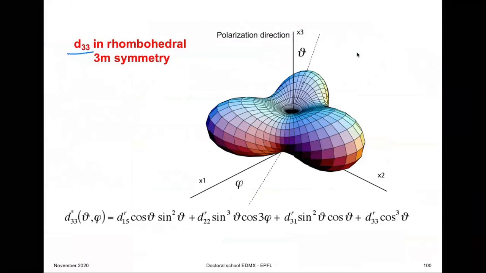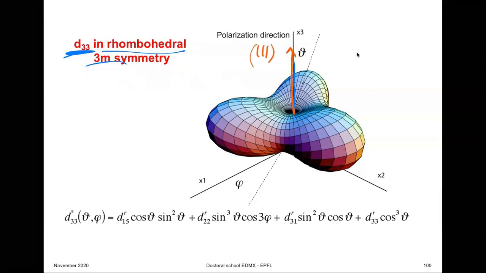Now we will just quickly look at the D33 coefficient in a rhombohedral 3m symmetry. That's the symmetry that gives the largest piezoelectric coefficients that we know and that are of practical interest. So this is the polarization in this crystal. It's along the 1, 1, 1 direction.